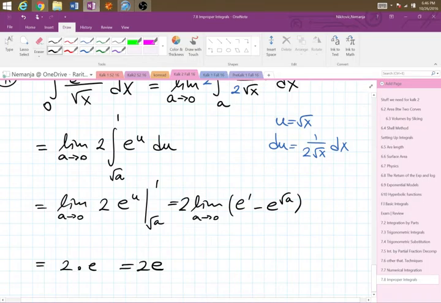Are we good? Which one? This one? You have a 2. Right? That's that 2. And then when a is equal to 0, oh wait, when a is equal, it's 1.